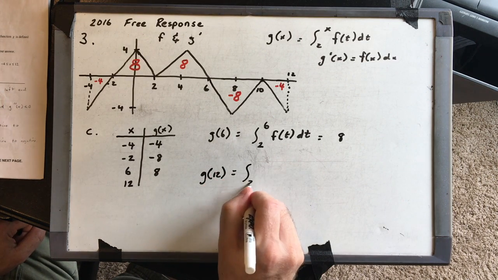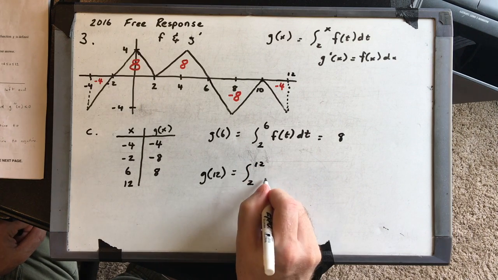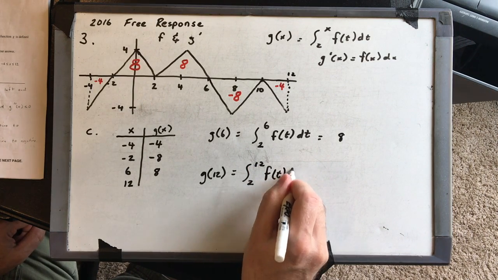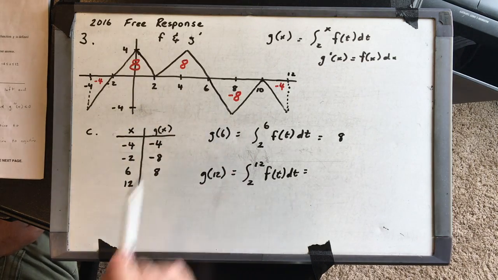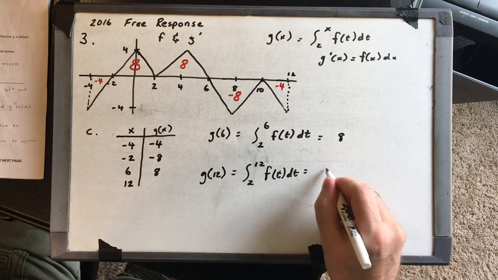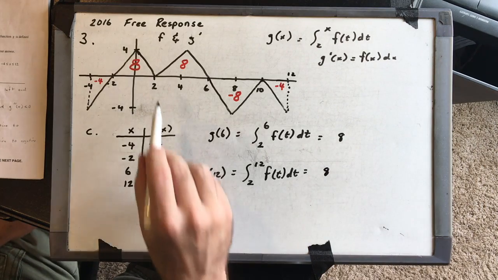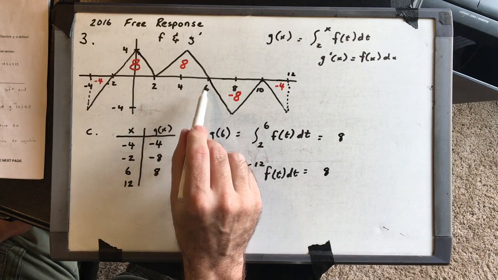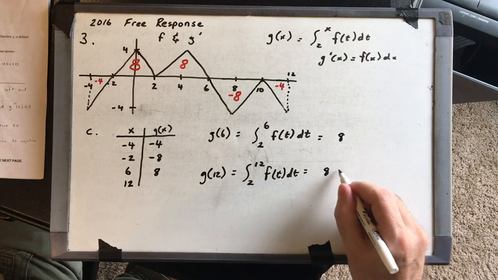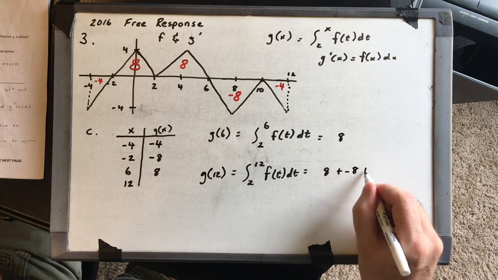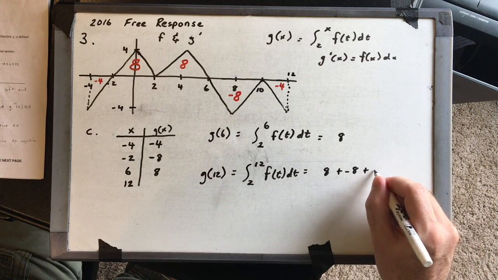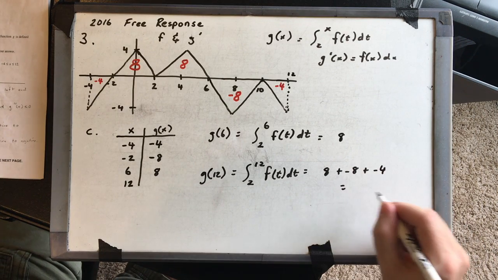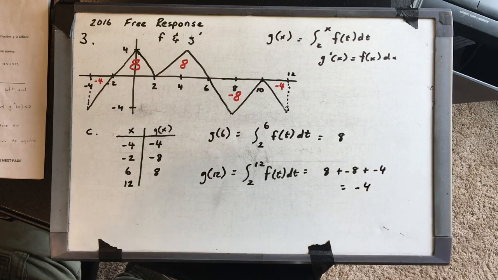That's going to be from 2 to 12 of f of t dt. From 2 to 6 we have 8, from 6 to 10 we have negative 8, and from 10 to 12 we have negative 4. So that's going to be negative 4.